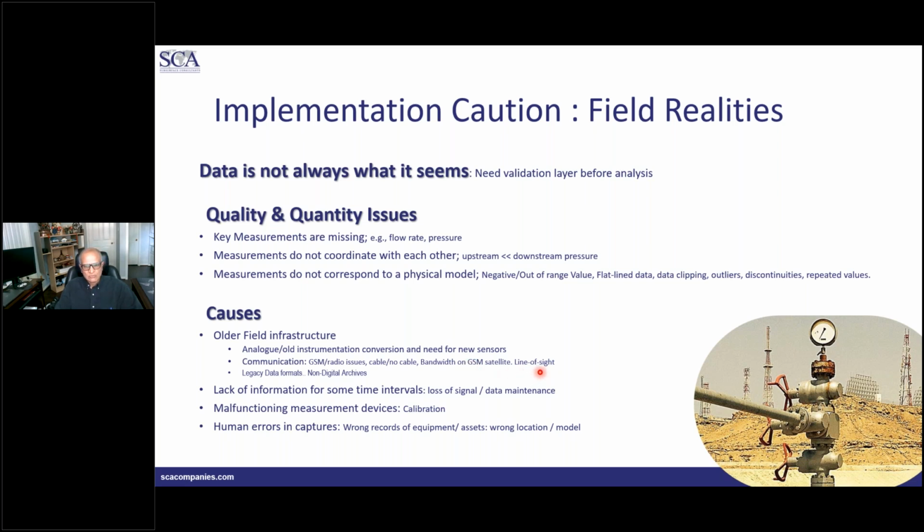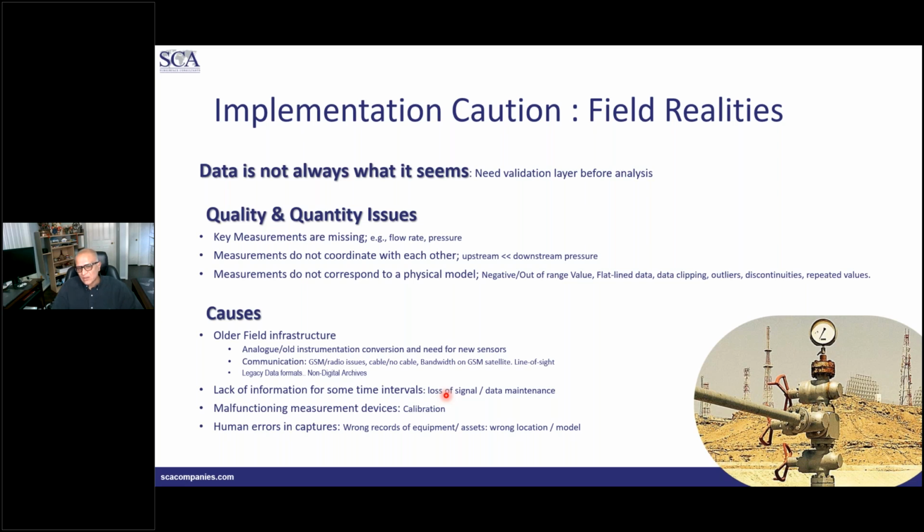Increasingly now, most of the globe is covered with satellite, or increasingly the GSM cellular signals. So that problem is becoming less frequent. And then the legacy data, especially if you have a brownfield asset, then you have lots of old data and trying to line up different data sets becomes a bigger part of the challenge, right?